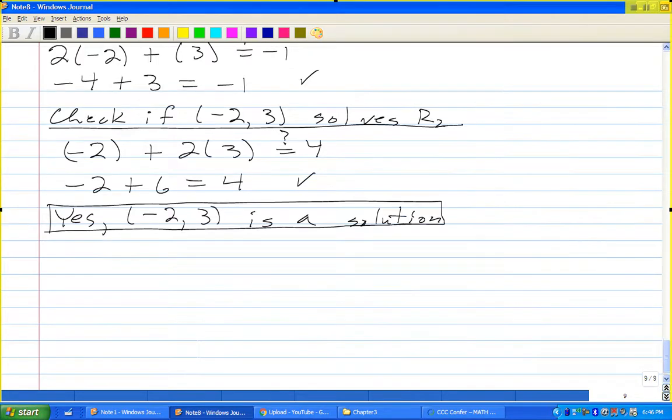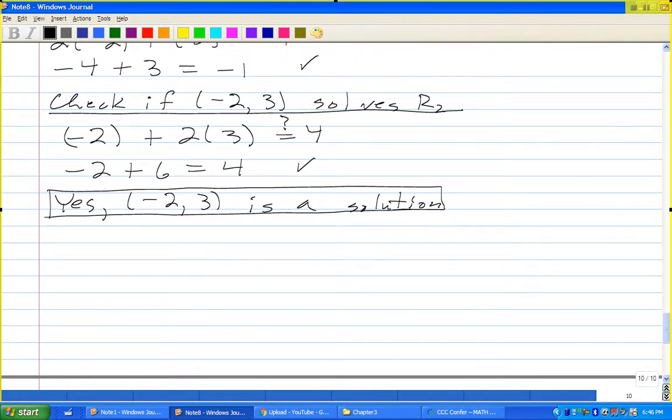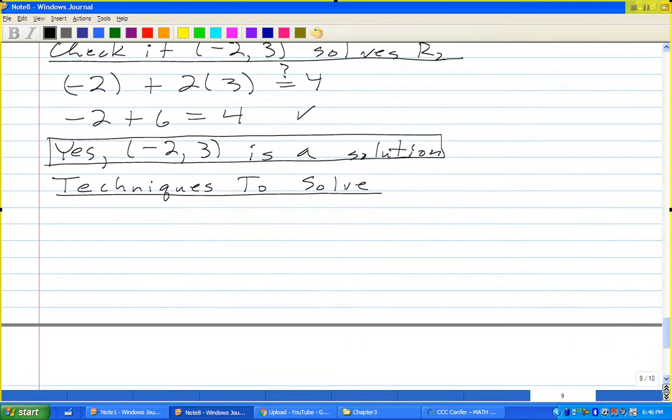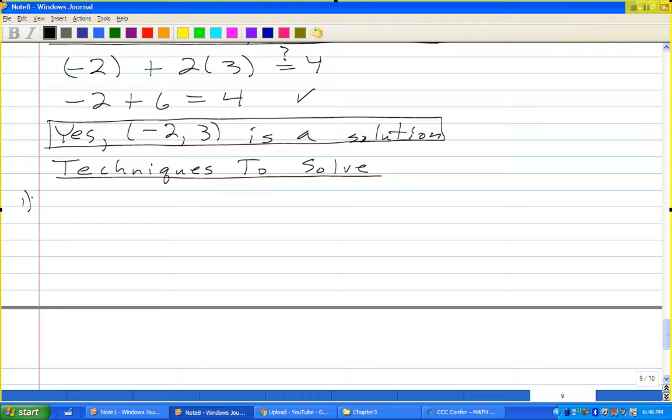So there'll be several techniques that we'll be going over. So let me list them. These are the techniques to solve systems of linear equations. The first will be the graphing method, and we'll be doing that in this section.